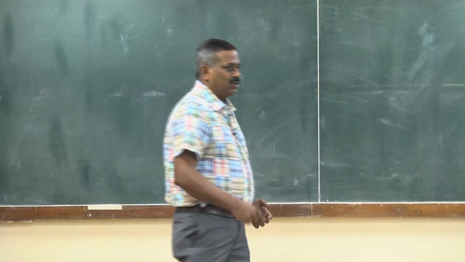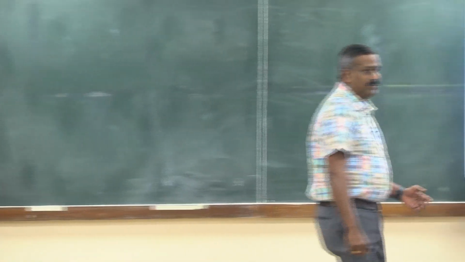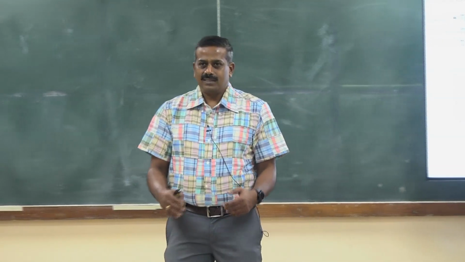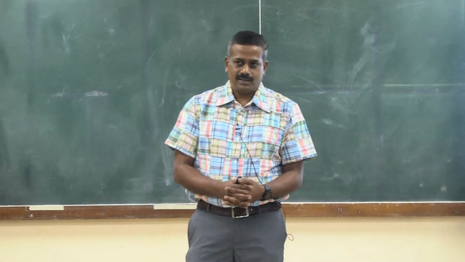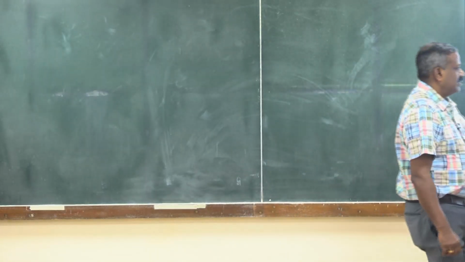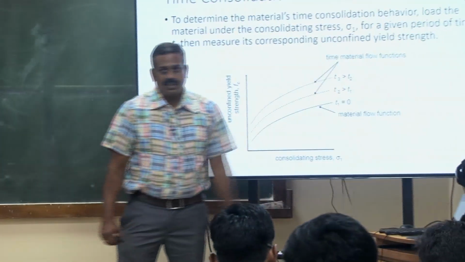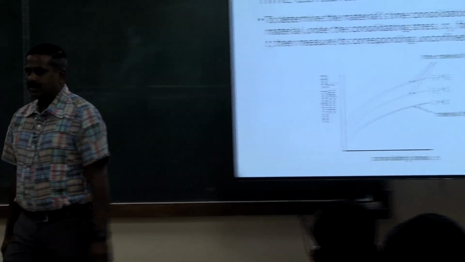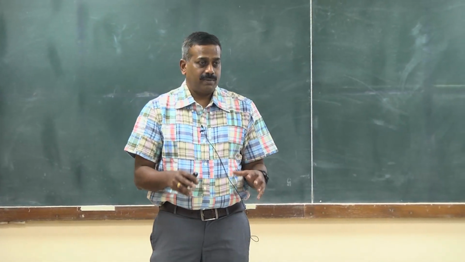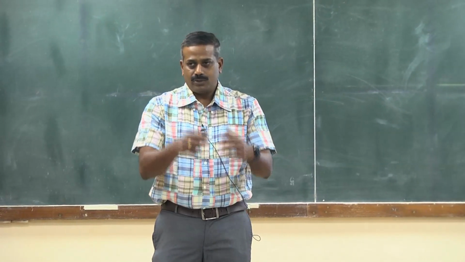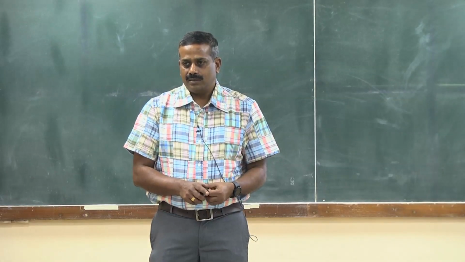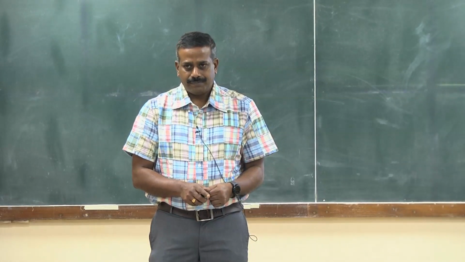That adds to the load. Keep it for 2 days, 5 days, a week, or 2 weeks, then test their unconfined yield strength. That's what we commonly do. With increase in time consolidation, in general, the unconfined yield strength will also go up. So the amount of strength needed to make the powder flow will also go up due to time consolidation. Clear?